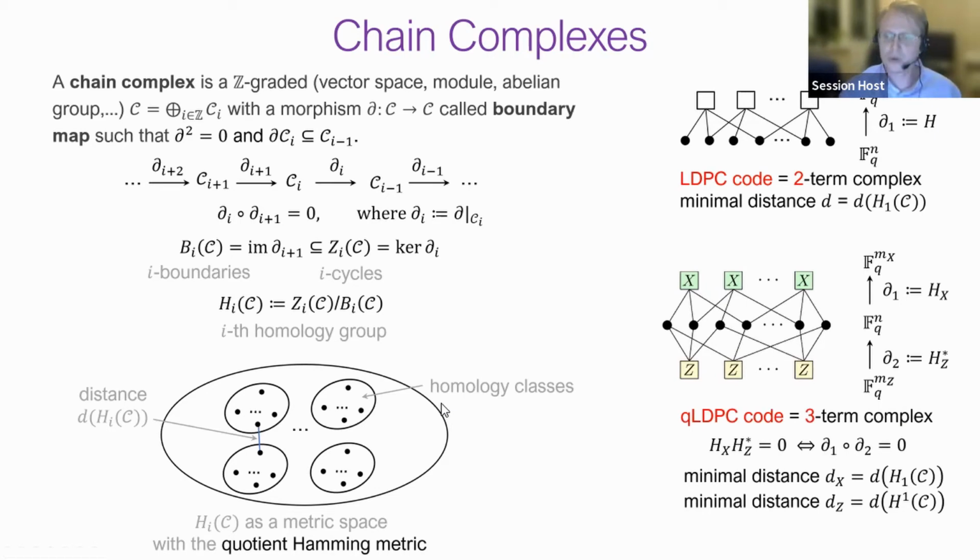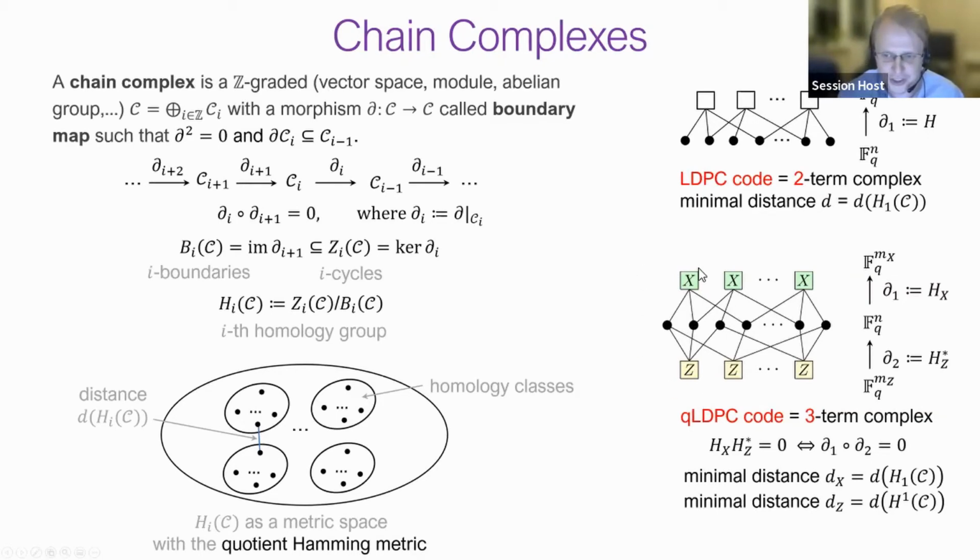And for quantum codes, for quantum LDPC codes, we have a three-term complex. So we have the first term that corresponds to Z checks, the intermediate level to qubits, and the last level to X checks. And if you consider the dual complex, you obtain a dual quantum code where X and Z checks play different roles.